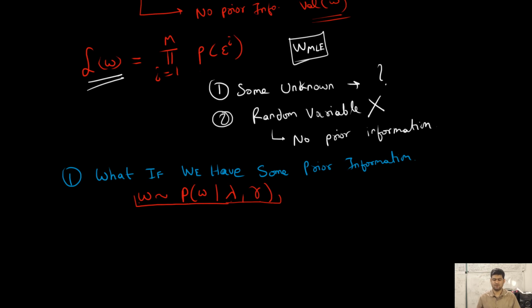And now, since we have this information, the next obvious question is, what can we do about it? Is there a way to incorporate this prior information into our likelihood formulation or into the optimization problem?